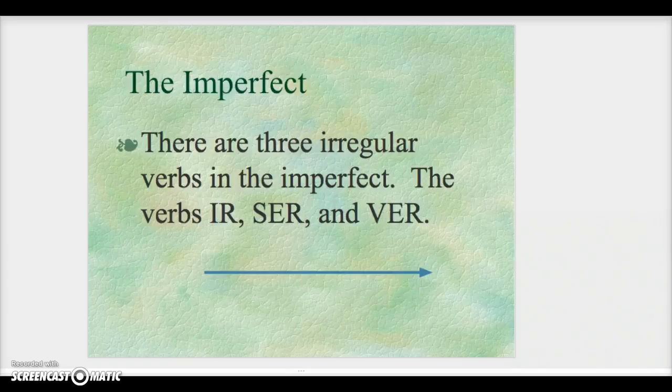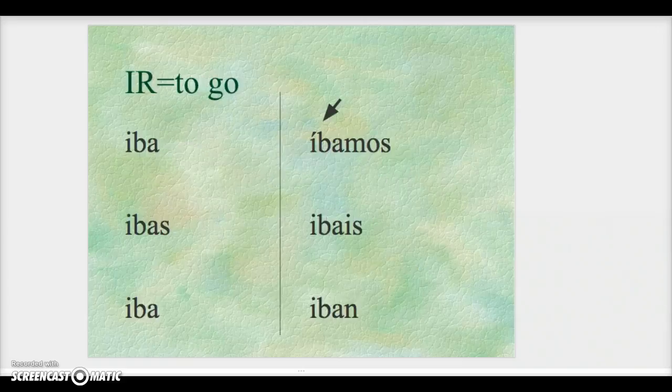Now, the last three verbs we're going to deal with today are the irregular ones: ir, ser, and ver. So first we have ir. Iba, ibas, iba, íbamos, ibais, iban. Notice the accent, because the nosotros form is the only one here that will have it.